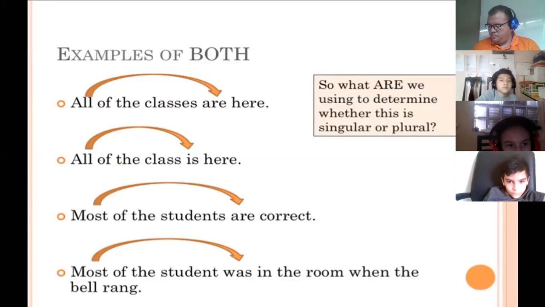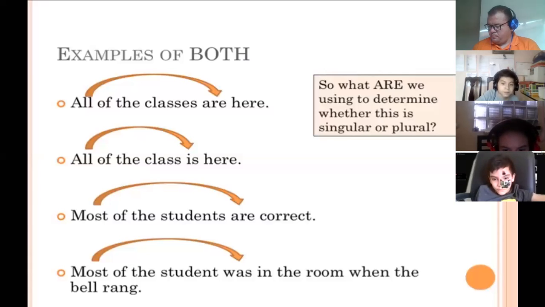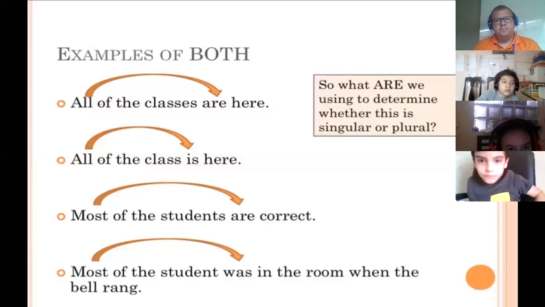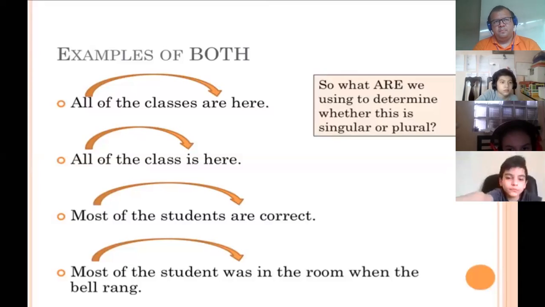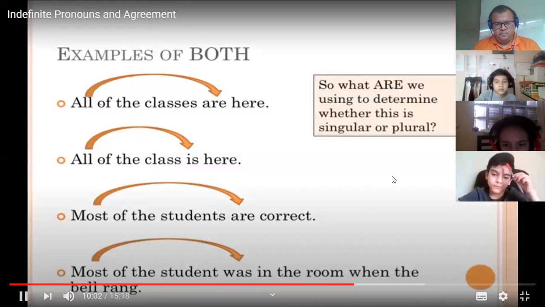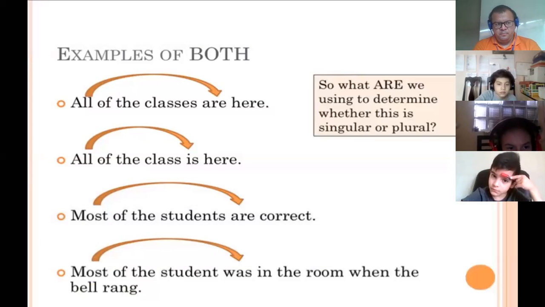So on this slide, we have the proper subjects highlighted, all or most. They are properly agreeing with the verbs, but you can see the question in the upper right. This is where you're going to use the prepositional phrase or more context around the subject to influence agreement.